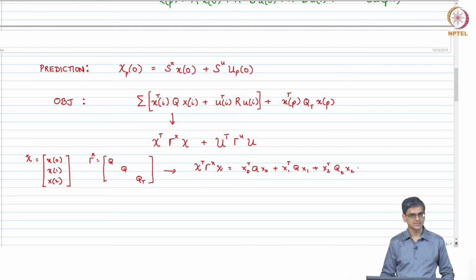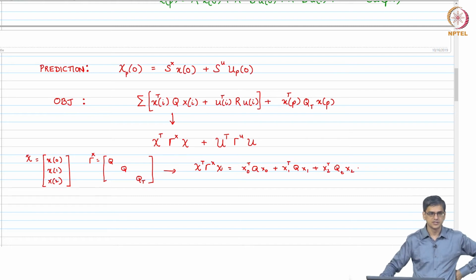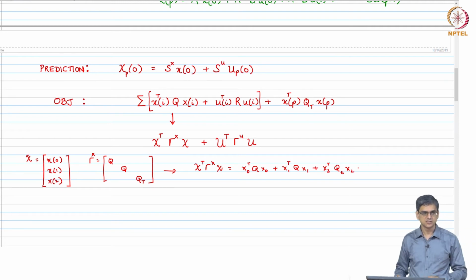Think back, assignment 1, you have kind of done the matrix combination and seen how it works.